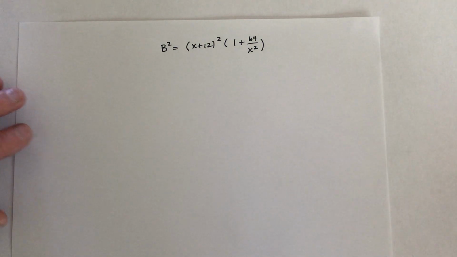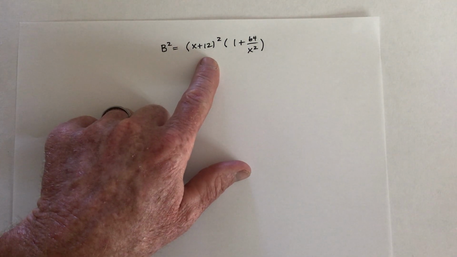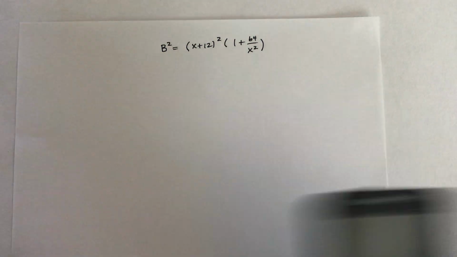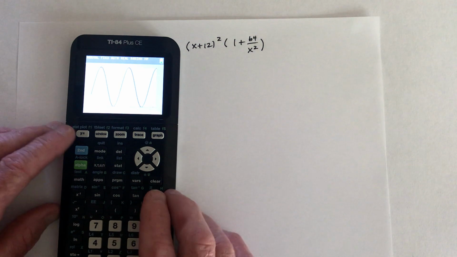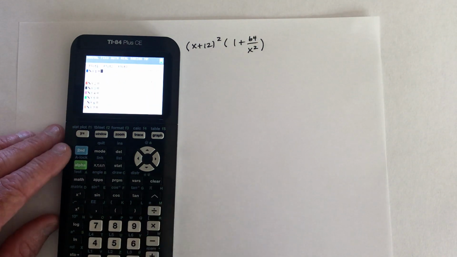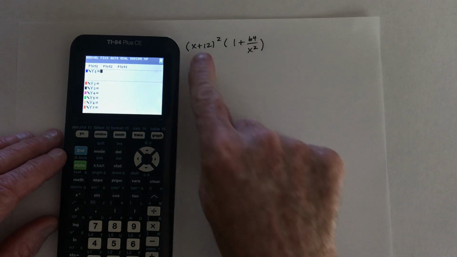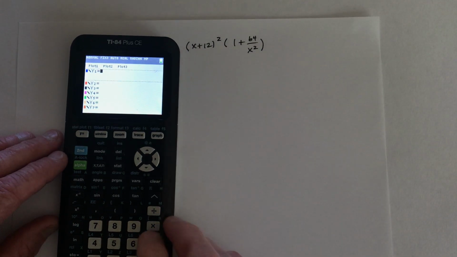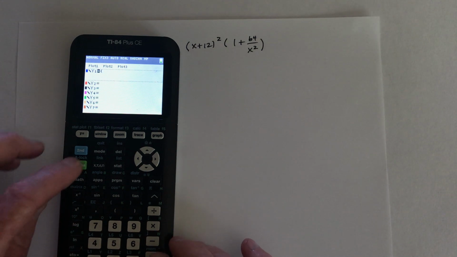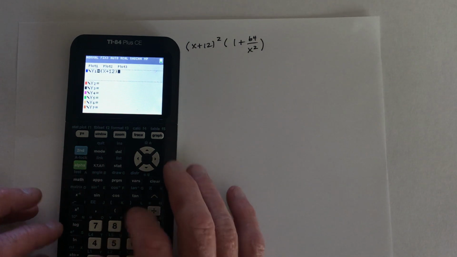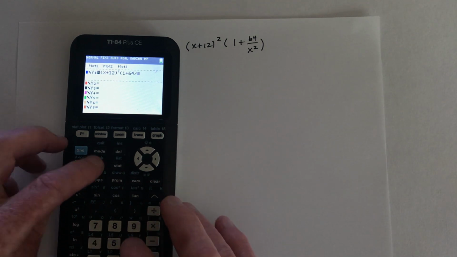You know what? Another thing I could do right now is graph this, because I'm supposed to find the shortest beam. And if I set this up right, it should be a function that has a minimum. So I'm just going to graph this as if it were y equals x plus 12 squared, and then 1 plus 64 divided by x squared.